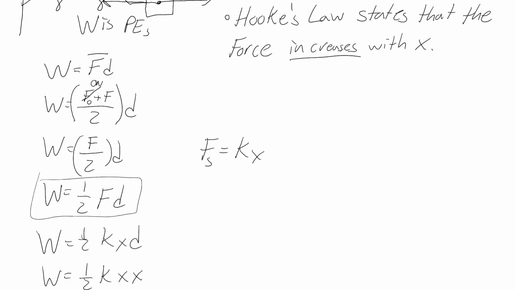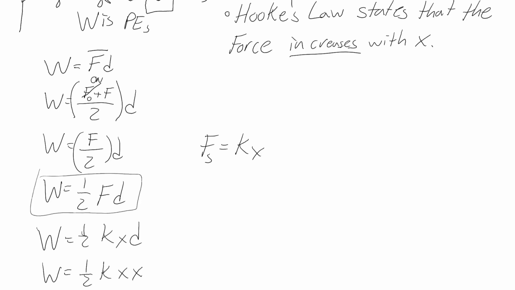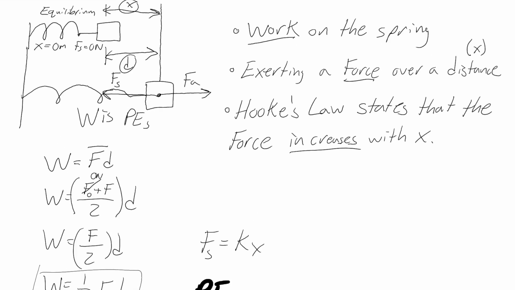Now what this says is the work being done, or rather, instead of the work being done, we'll call it the potential energy stored in the spring, because the more work you do in pushing or pulling this spring, the more force times distance you use, the more energy you're adding into the spring. And we said that the work is equal to the potential energy stored.